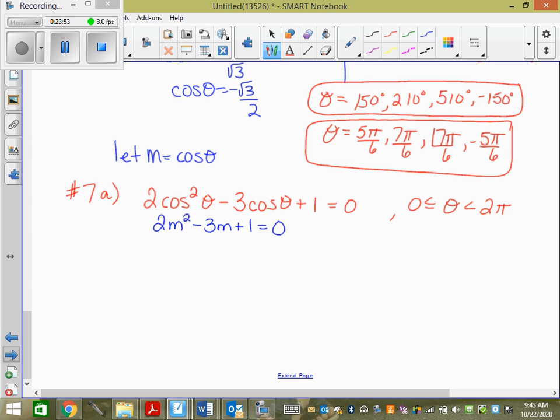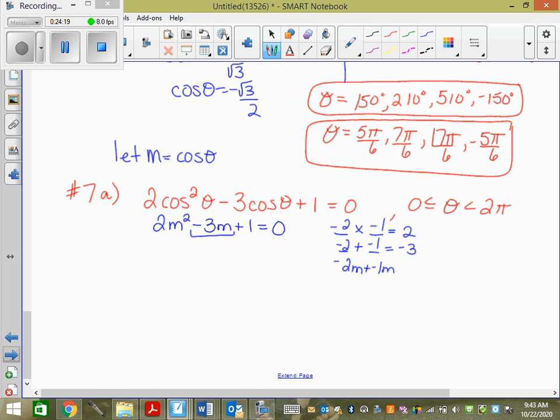So we say what times what equals 2, what plus what equals negative 3. Negative 2 and negative 1.